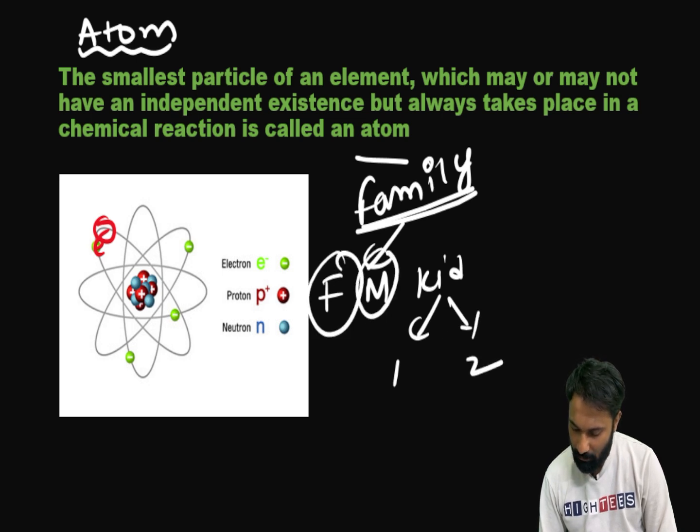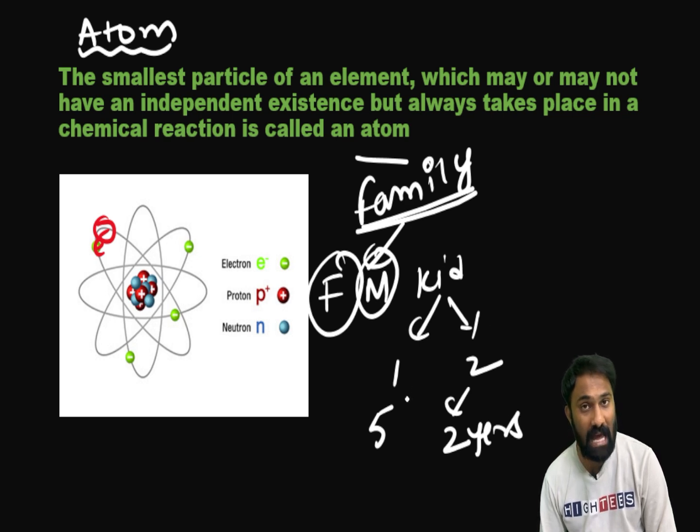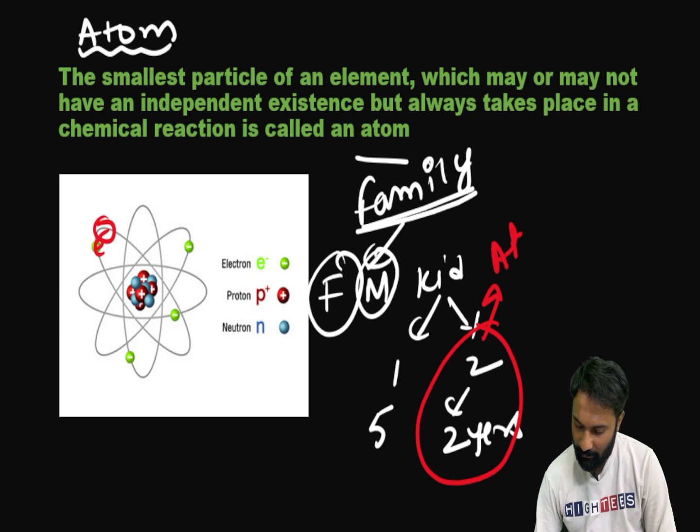Kid 1 is 5 years of age, kid 2 let's take 2 years of age. Now, if I ask who is the atom in the family, you can say, sir, the smallest one, this kid 2 is our atom.